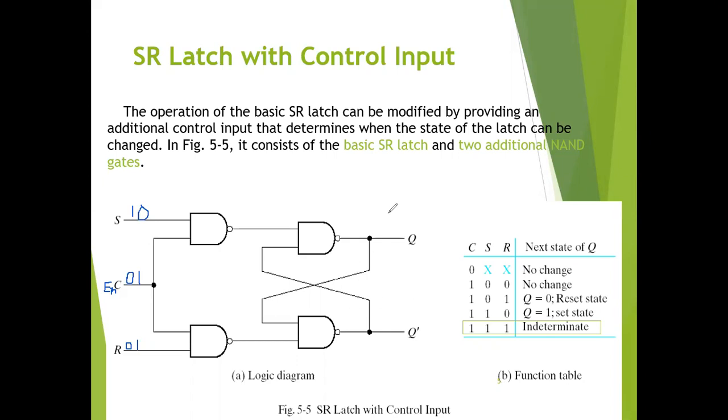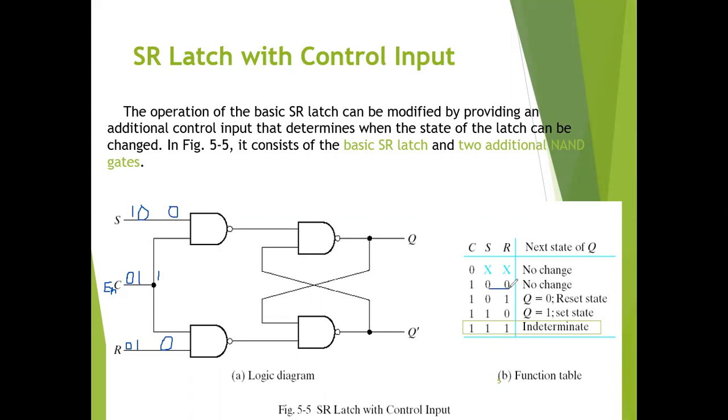When enable is 1 and S is 0 and R is also 0, then the state of the circuit will not be changed, and these conditions are listed in the function table accompanying the diagram. No change will occur in these states.